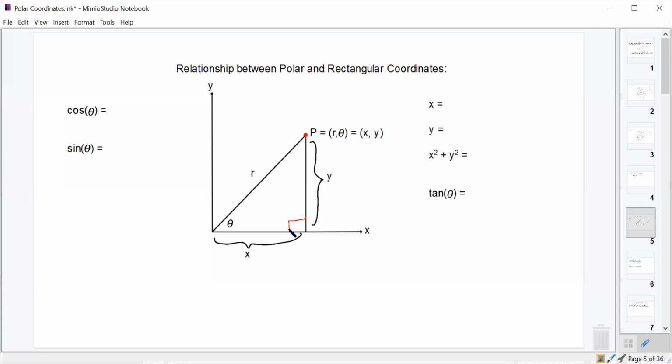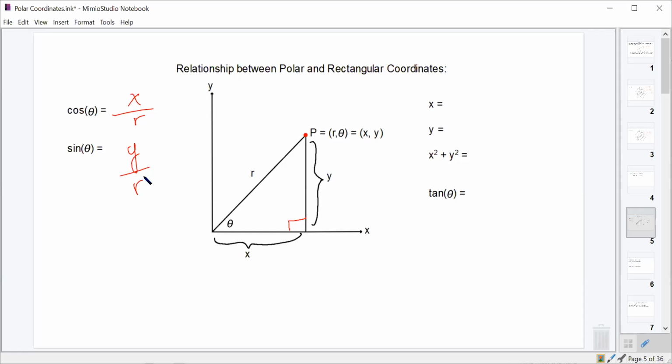Great. Perfect. Okay, so what's the cosine of theta according to this picture? X over R. And what's the sine of theta? Just using our right triangle trig, right? Sine of theta ought to be y over r.